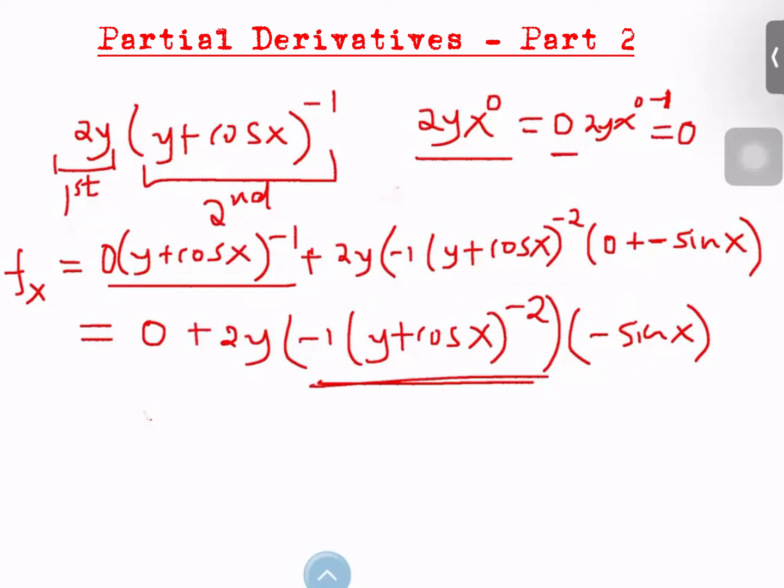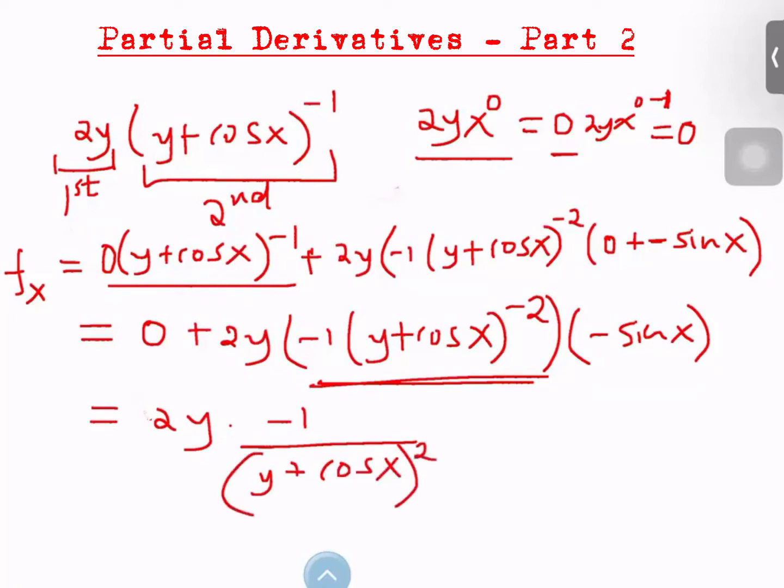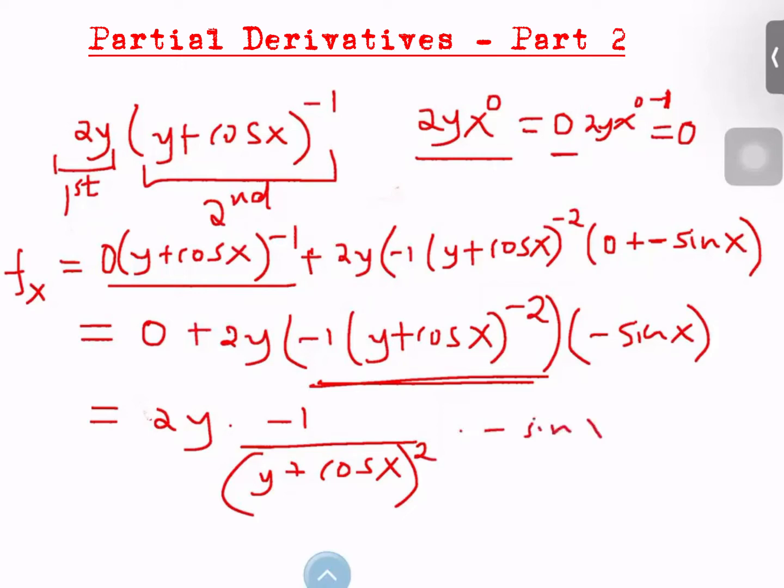So this is equal to 2y multiplied by -1 all over y plus cos x power 2. That is just the same, only that I wanted to change the power to positive. And then we have a negative multiplied by a minus sine of x.